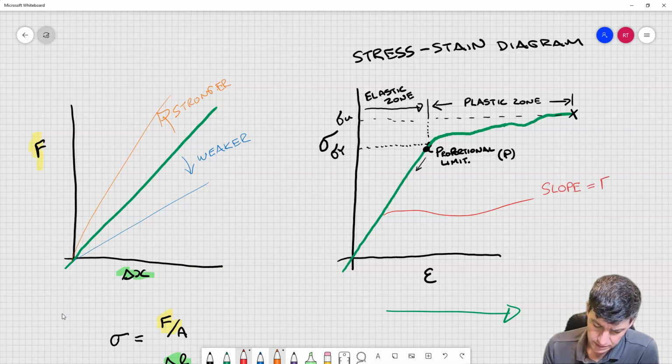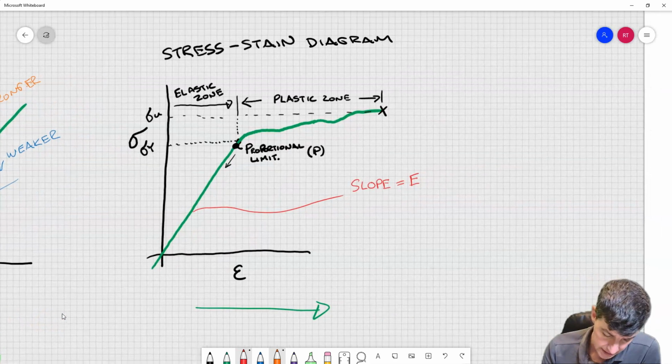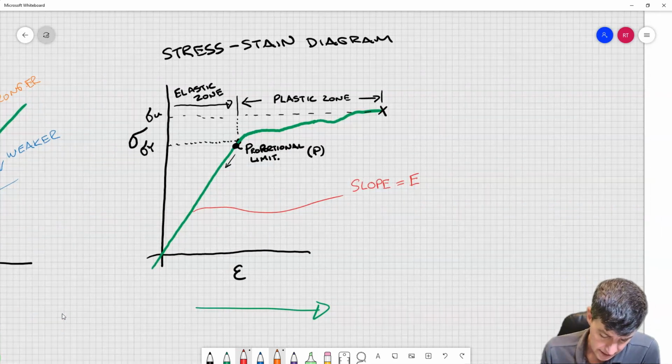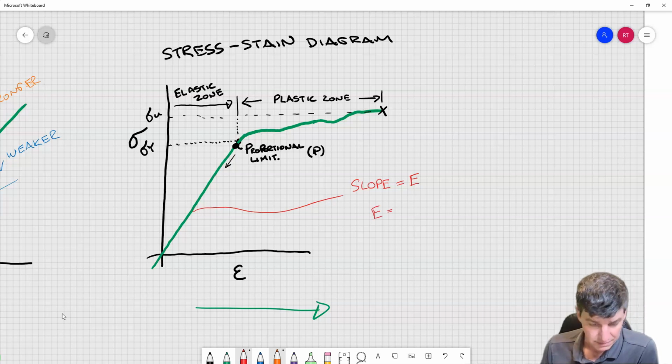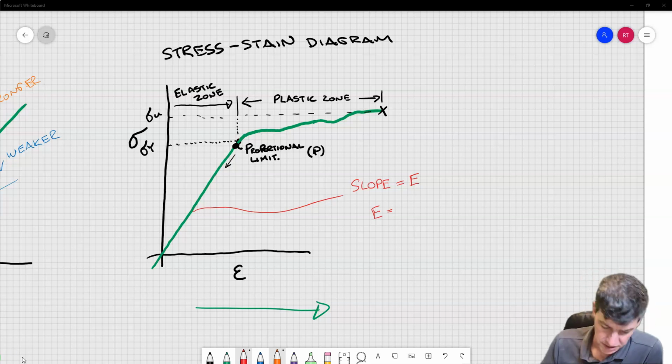So my slope is equal to, I had K before when I dealt with a spring, this time I have a capital E. And what the E is, sometimes we might call it the modulus of elasticity.